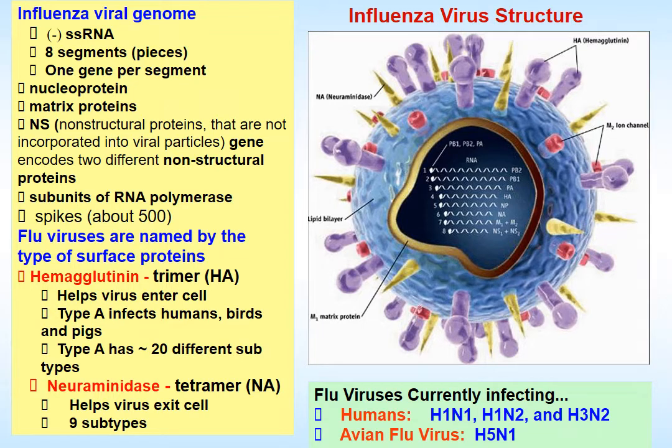So we are speaking about the possibility of this virus changing its own antigenic structure. At the bottom of this slide you can see the types that most often lead to disease nowadays: human virus subtypes H1N1, H1N2 and H3N2, plus avian flu virus H5N1.